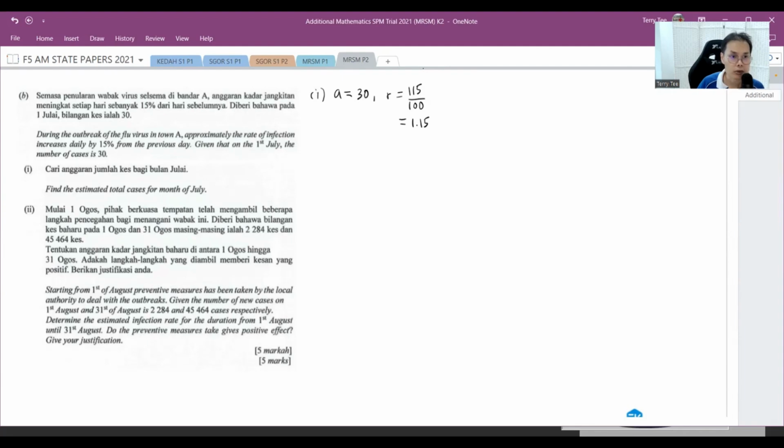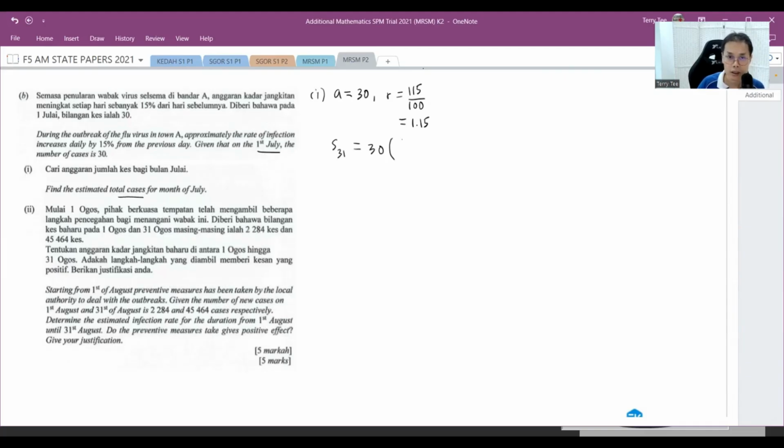Now we want to find an estimate for the total cases in the month of July. July has 31 days, so T1 is the 1st of July and the last day is T31. Since you're finding the total cases, we are finding S31. Again, we can use the formula for Sn.